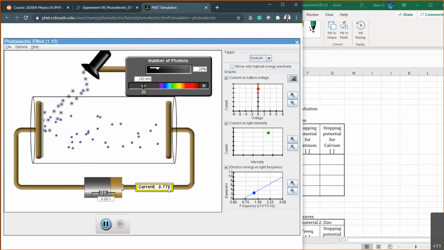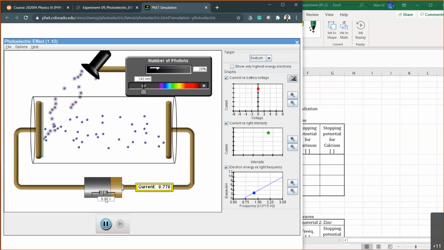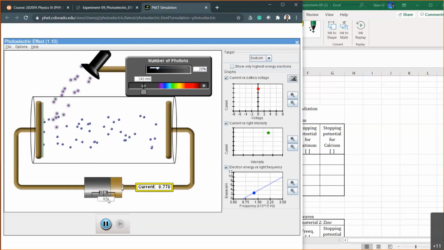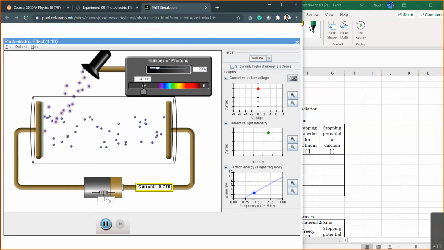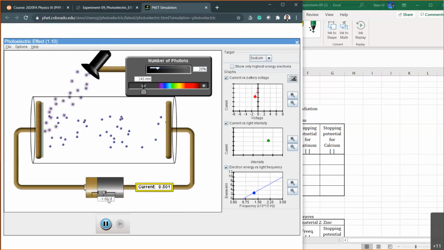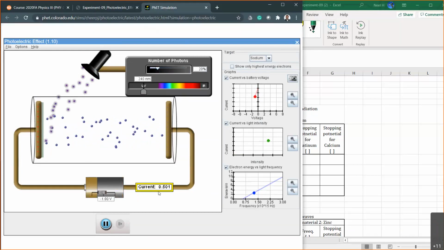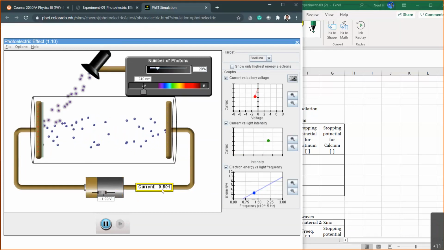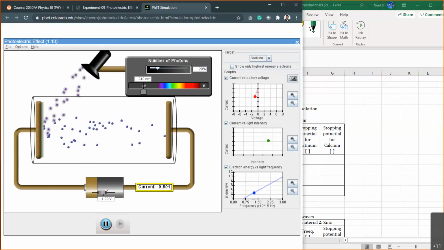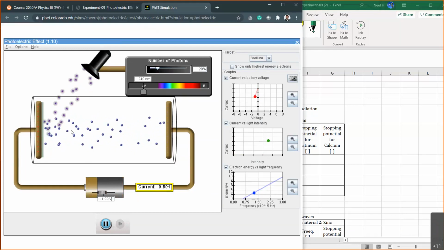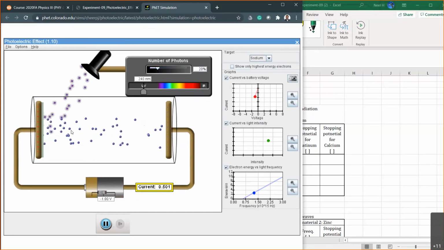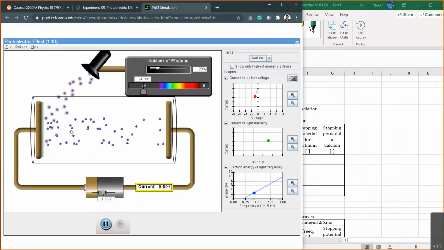That's the photocurrent. If I use a negative voltage here, let's try -1, you can see the photocurrent is reduced, right? So that's what we try to understand. Whenever the photocurrent is 0, I have the stopping potential. That potential tells us the kinetic energy of the outgoing electron emitted from that surface. Okay, so that's the idea.